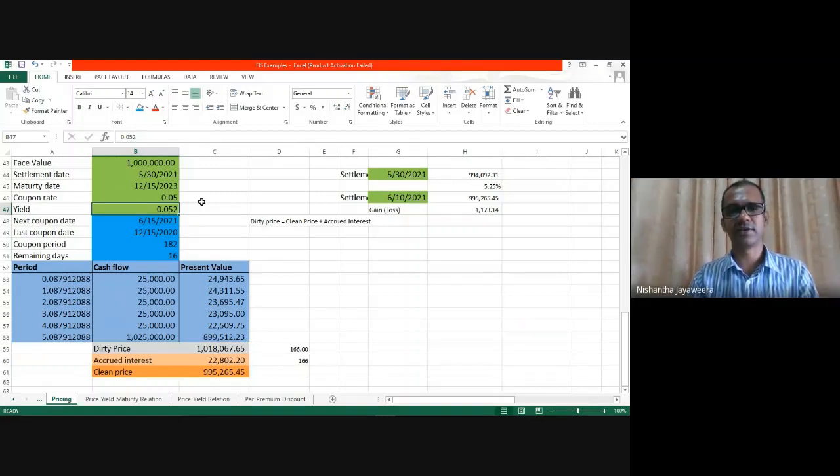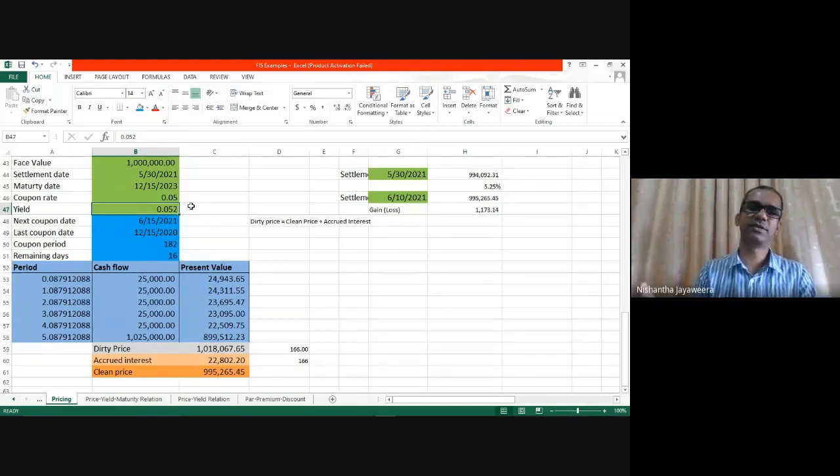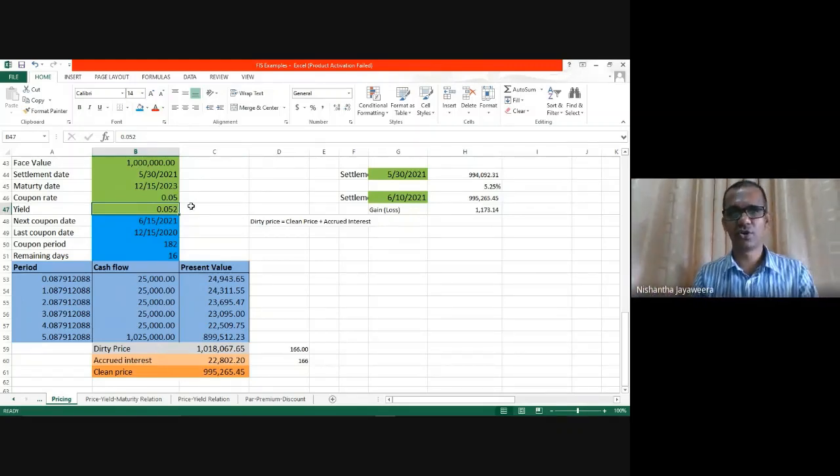Because an instantaneous yield increase would result in a loss. But if it happens across two different dates, then we are not sure whether it would be a gain or loss. That depends on the time difference as well.